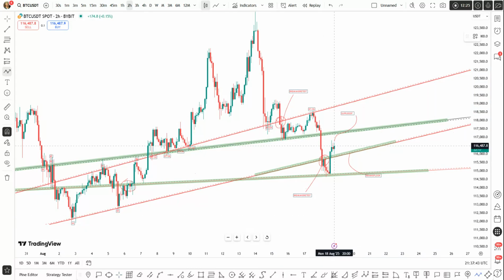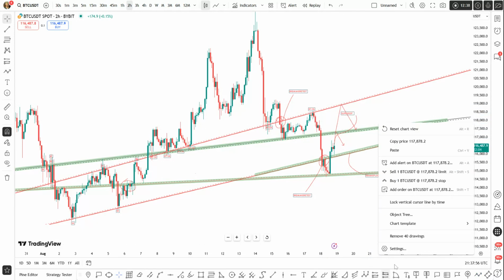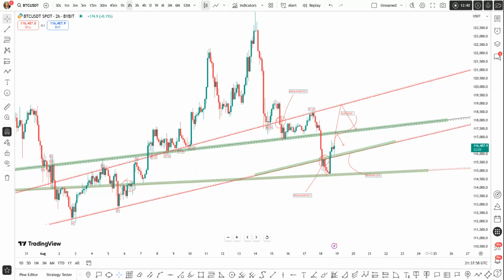If price moves into this structure, it's likely it will sell. Yes, and if they break it and they move here, they will also sell. So that will be my new supply roof.